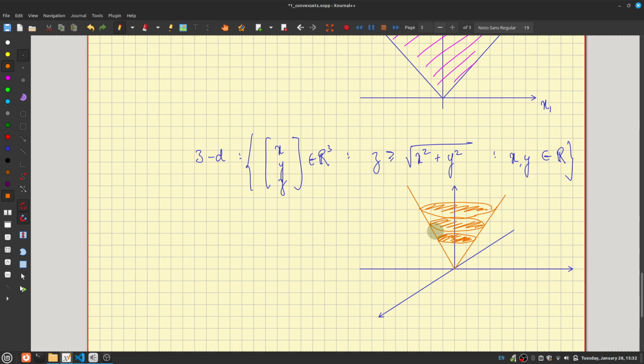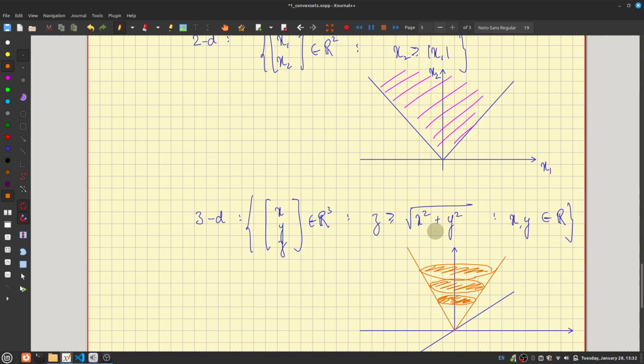Now, is this a cone by our definition? I mean, I'm calling this a cone, but let's say that this is our set.